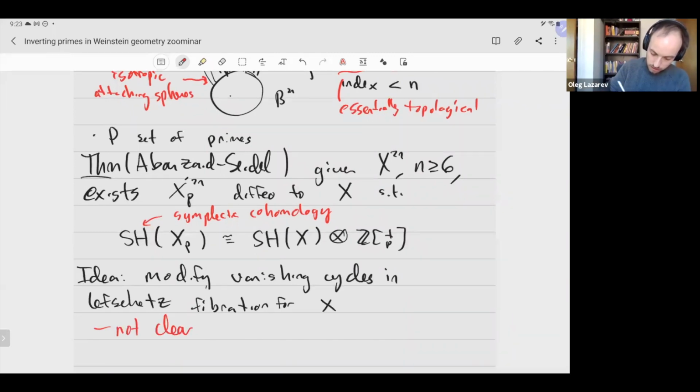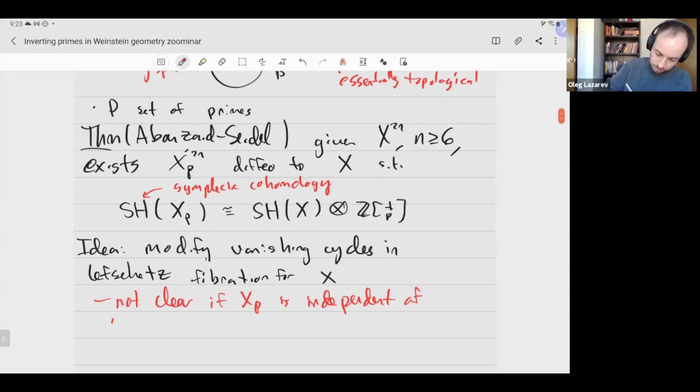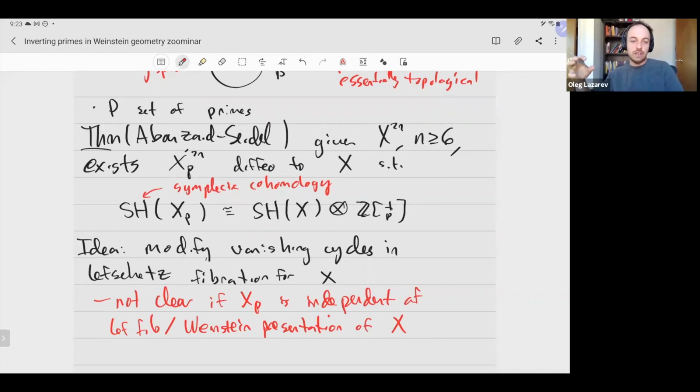It's not clear if X sub P is independent of the Lefschetz fibration or Weinstein presentation of X, because you pick some Lefschetz fibration and then do something to the vanishing cycles. It's not clear that if you pick another Lefschetz fibration, you won't get a completely different thing.